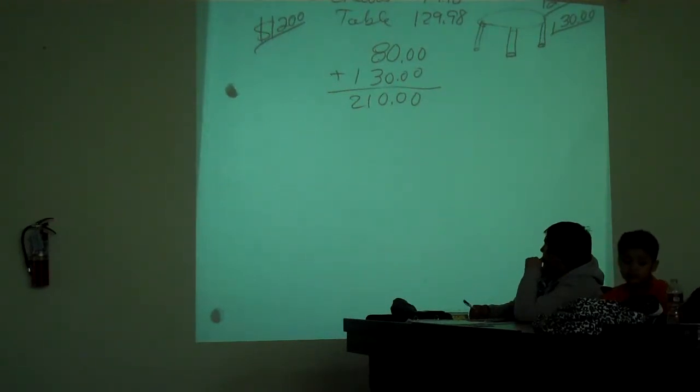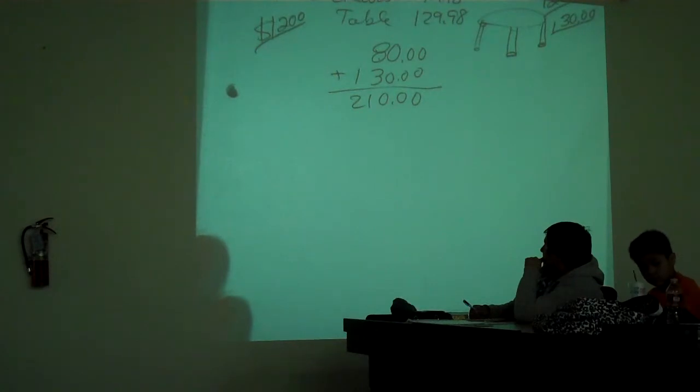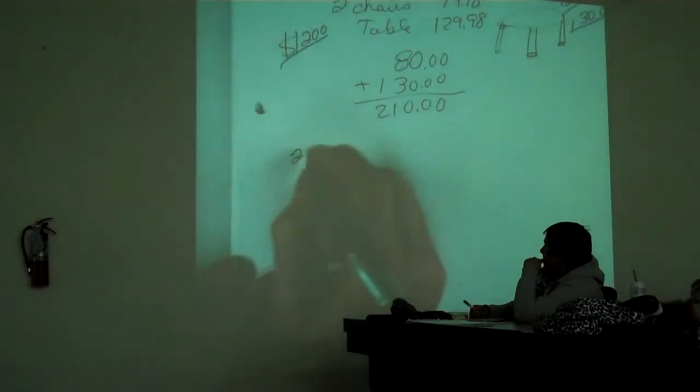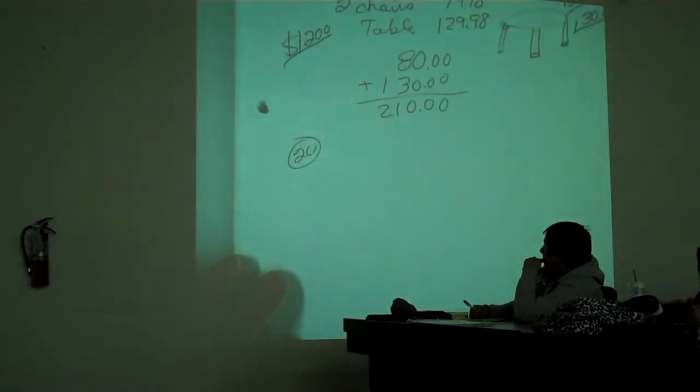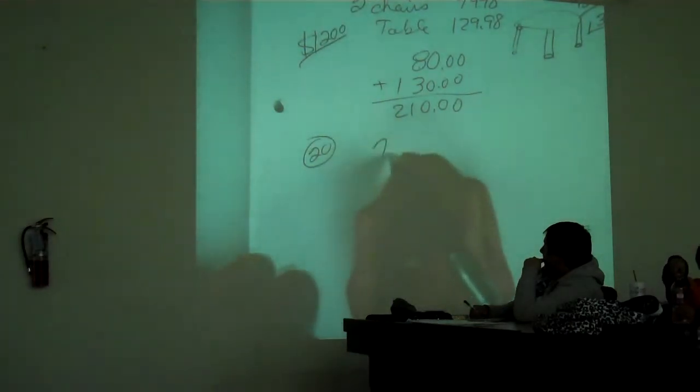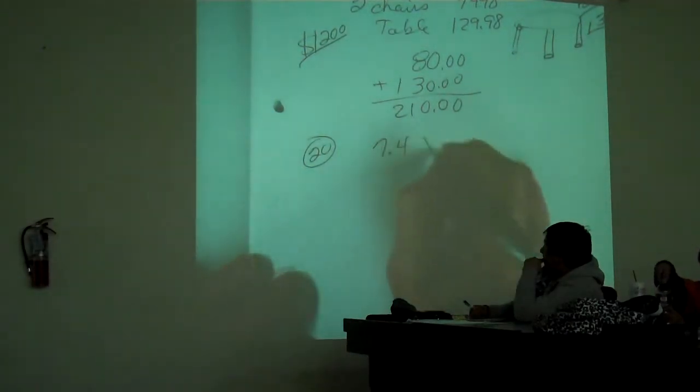Let's do, like on number 19, it says 49 times 7.89. I'm going to do number 20, which will be like 19, the one you have to do. 20 has 7.4 times 8.9.